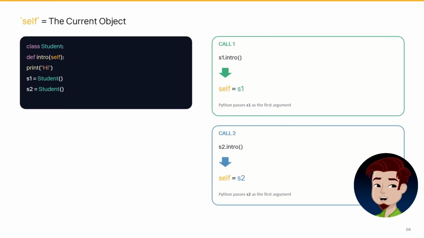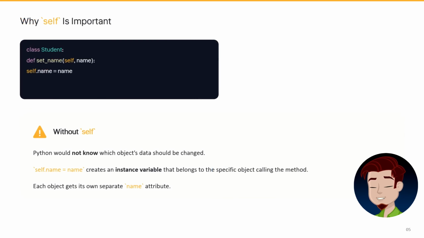Now watch carefully. If we do s1.intro(), then inside the method, self equals s1. And if we do s2.intro(), then self equals s2. So self changes depending on which object is calling the method. This is the big idea.